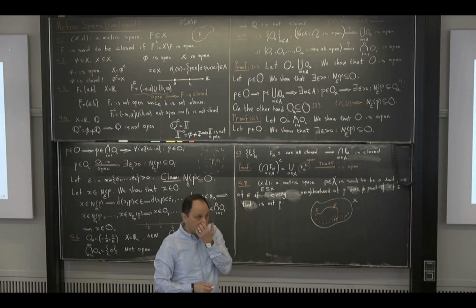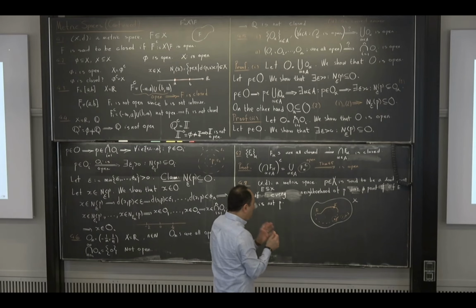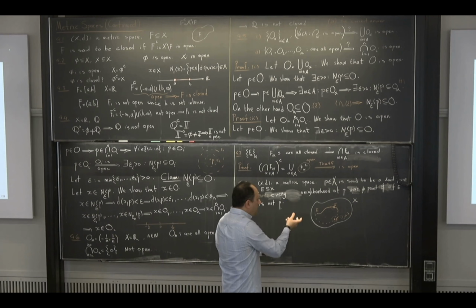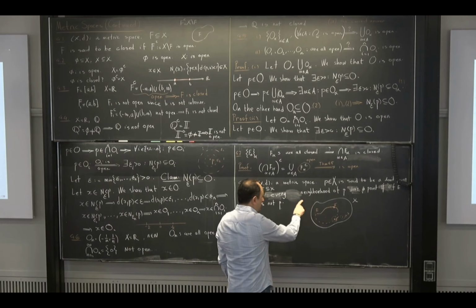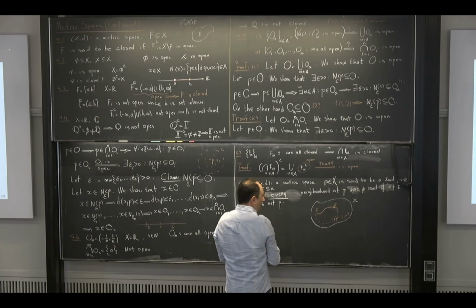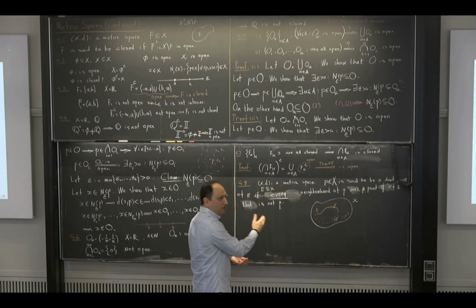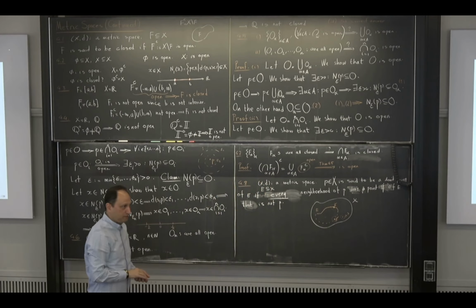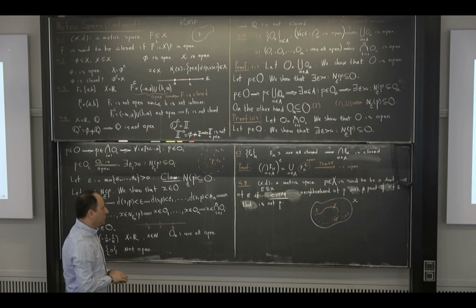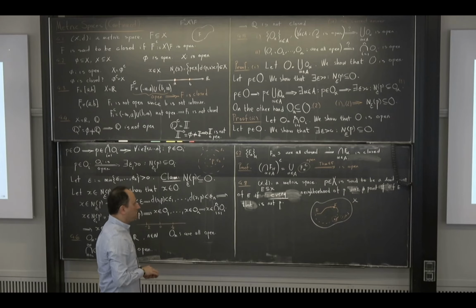That is the intuitive idea of a limit point. So a point is a limit point if every neighborhood around that point contains a point from my set which is not the center of the neighborhood, P itself. If that happens, we say that P is a limit point.